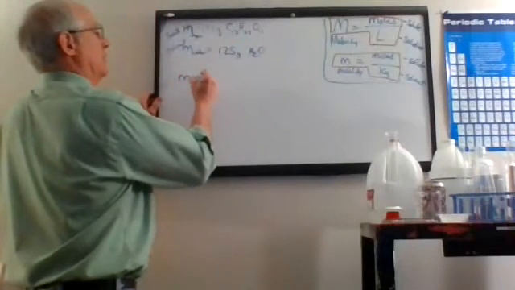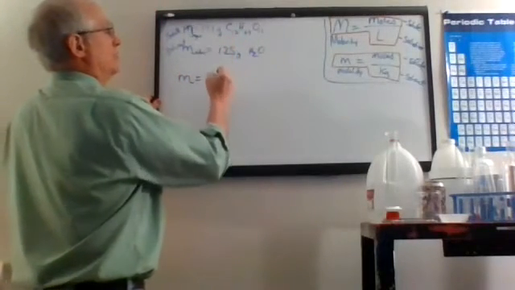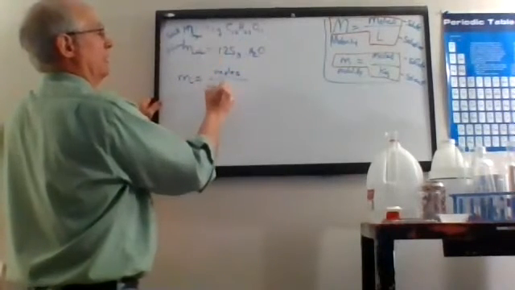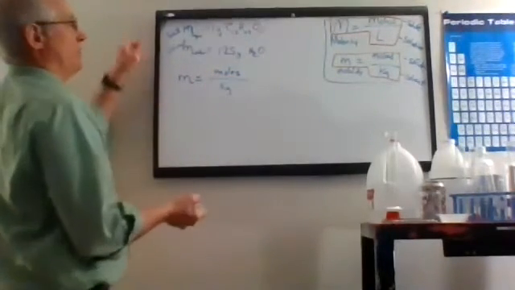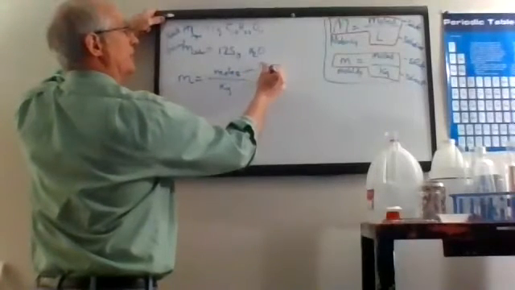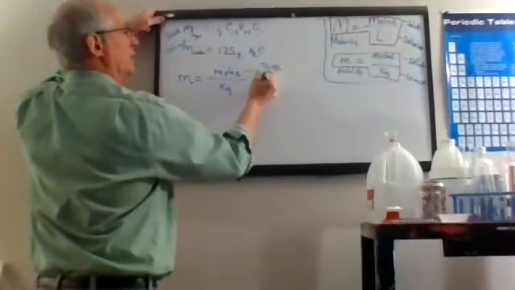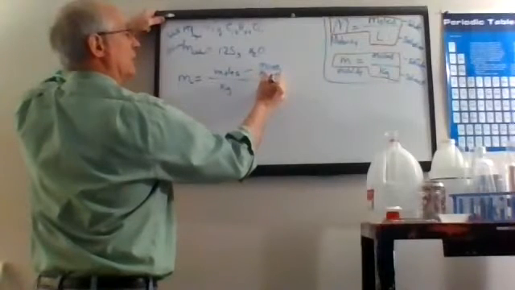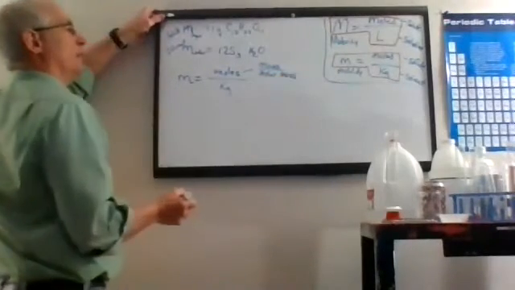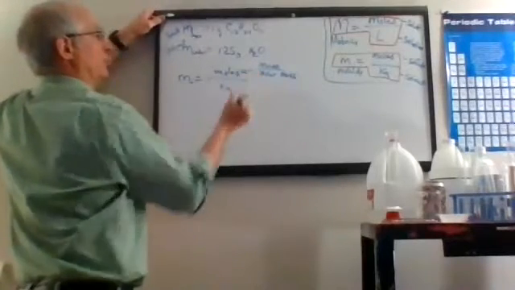Molality is moles per kilogram. Now, what are moles? Isn't that the mass that they give me over the molar mass? Yeah, so how could you express that formula?